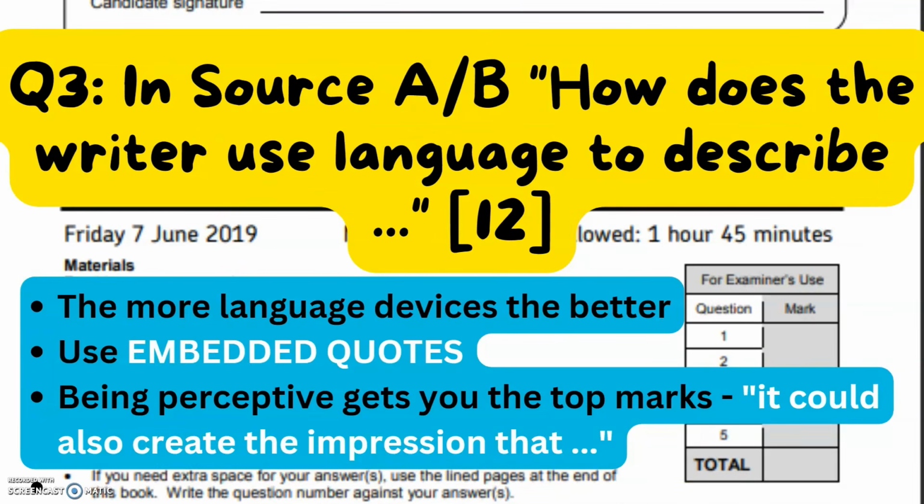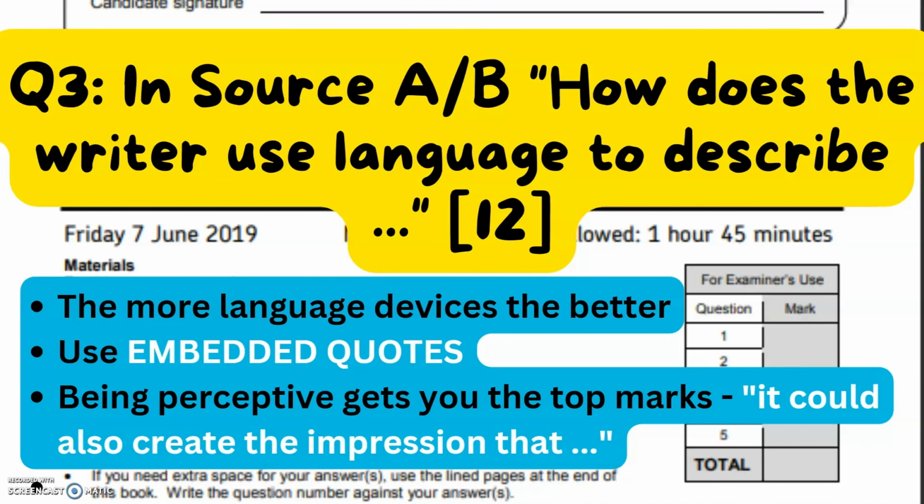For question 3, this is in source A or in source B. How does the writer use language to describe whatever the theme is? Now this is the 12 marker, so it gets progressively more and more marks from 8 to 12 to 16. Now even though this is a progression from the 8 marker, do not feel like you have to write a ton more than you have just done. The more language devices the better, so you should aim to write about as many language devices as possible.